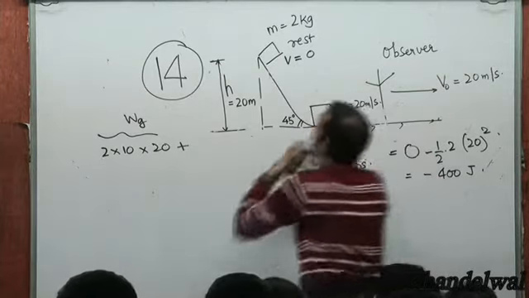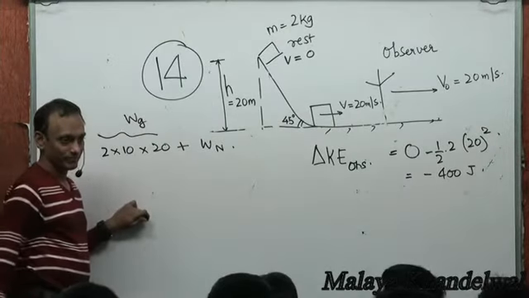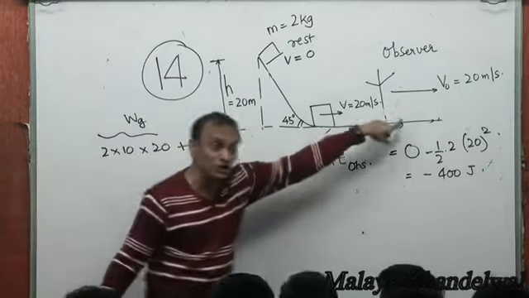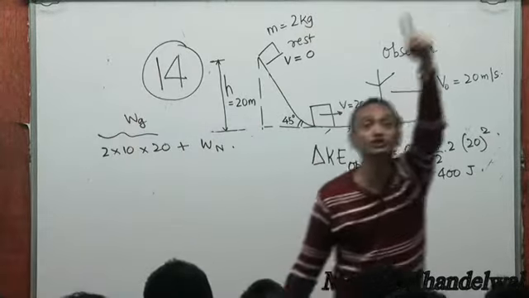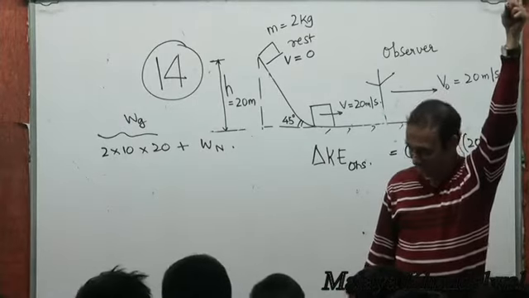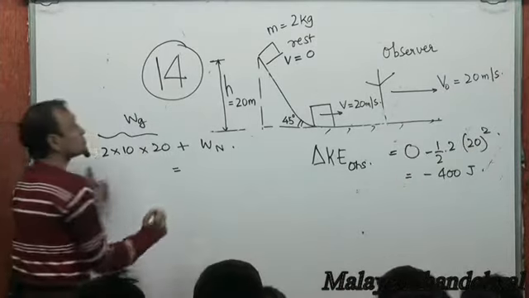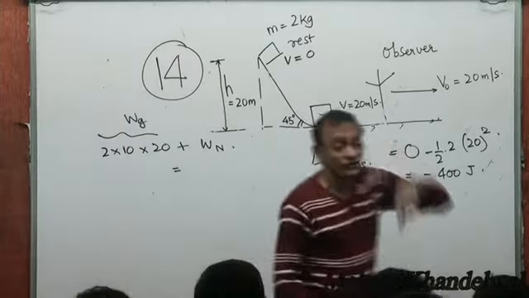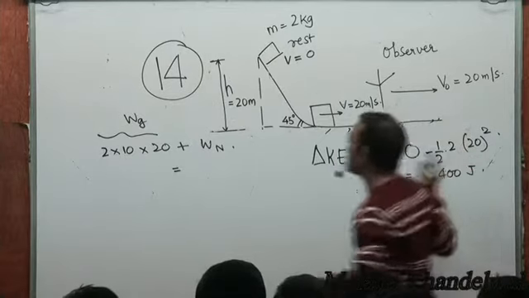But in this observer's frame, let's say the work done by normal reaction is Wn. In a frame of reference attached to the ground, it would have been zero. Right? And all of this must be the change in kinetic energy with respect to this observer. That means it must be minus 400 joules.